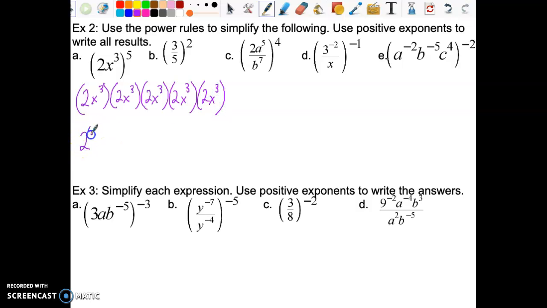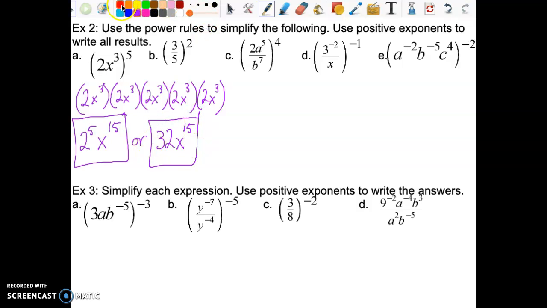Now, I'm okay if you just leave the answer like this, because I've been telling you to do that so far. 3 times 5 is 15. This is acceptable, or if you actually figure out 2, 4, 8, 16, 32, I'll accept both of these answers.